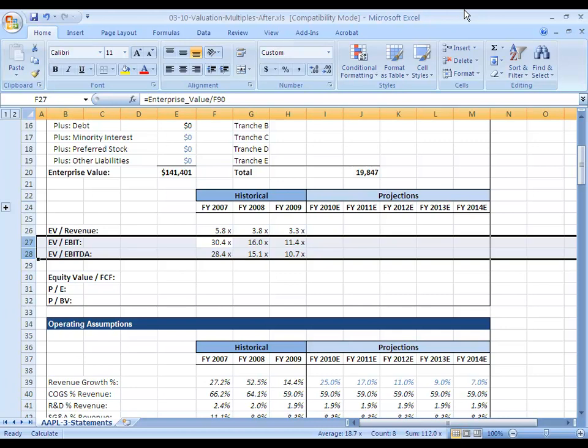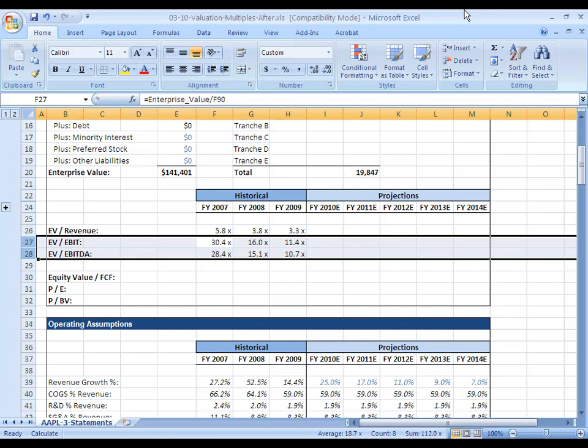So you use these, for example, for telecom companies, internet companies, and healthcare companies. You even use them for manufacturing companies or companies that make physical products. You may look at some other multiples in addition to these, but EV over EBITDA is probably one of the most common, if not the most common, multiples that you pay attention to in these valuations.